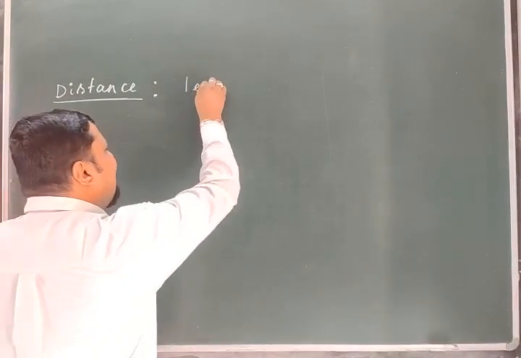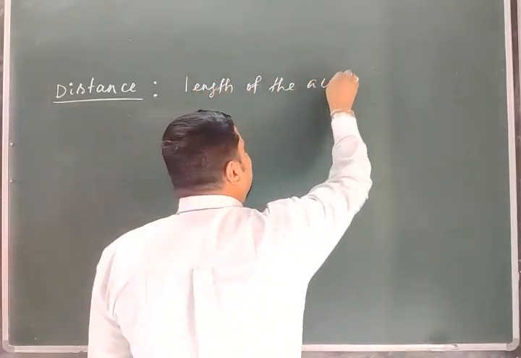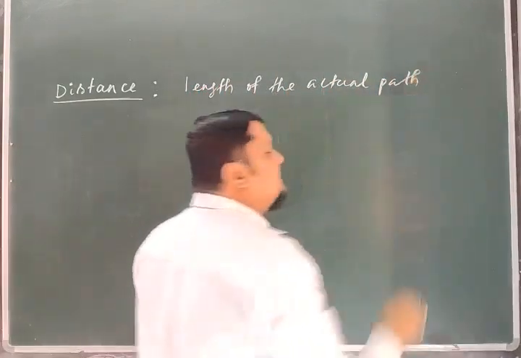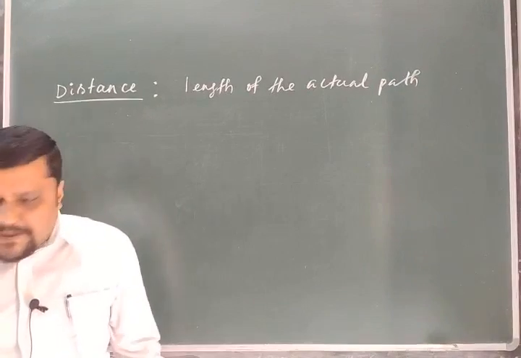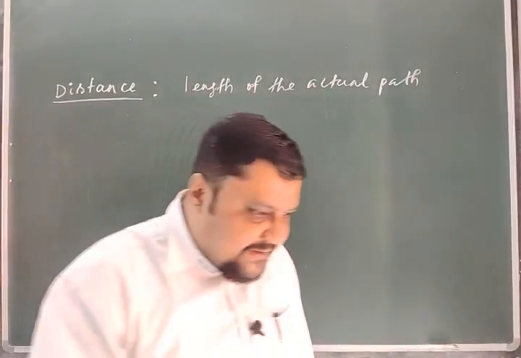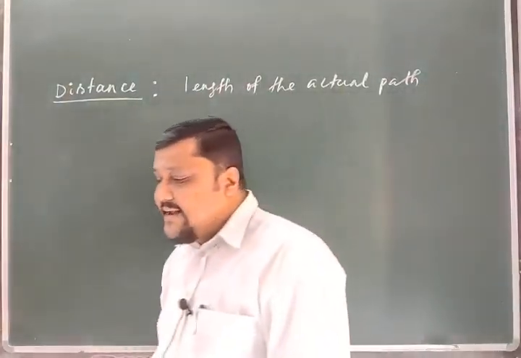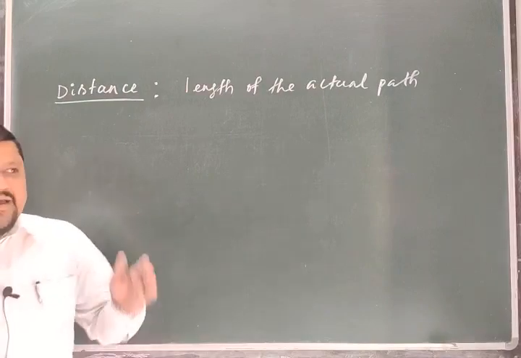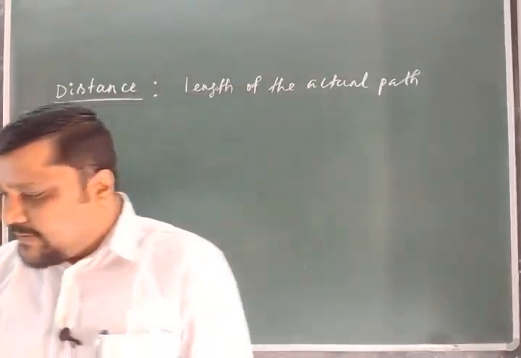It is the length of the actual path traveled by a particle or a body between the initial and final positions in a given interval of time.